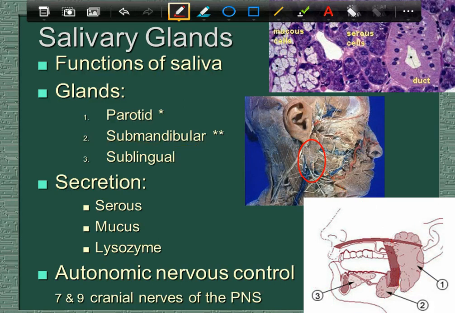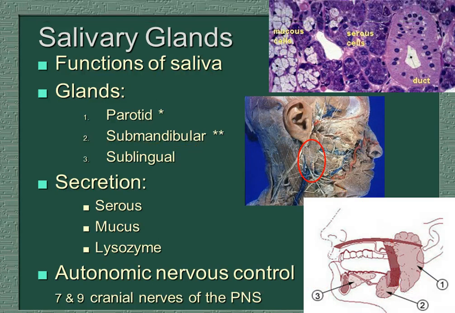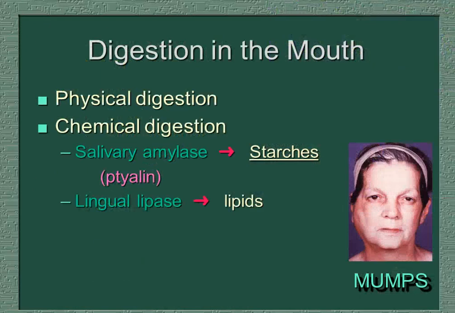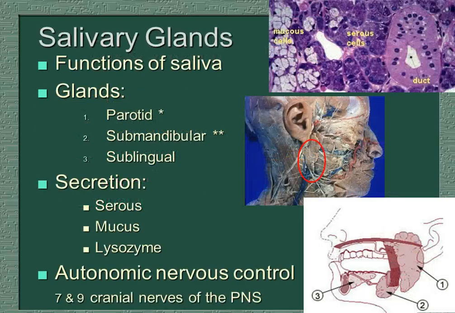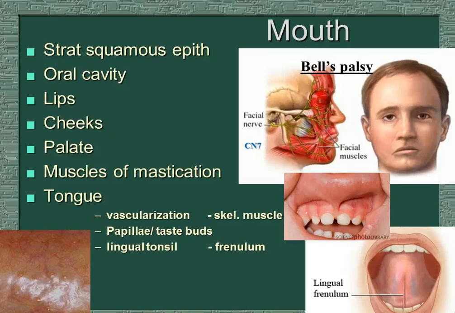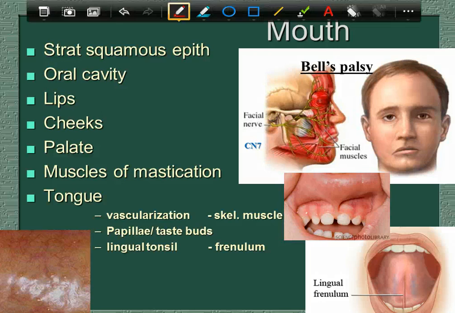Let me go back to, no, wrong way, over here. So the ducts on the sublingual, remember you're looking at the underside of the tongue, the ducts are all along here. You got multiple ducts for the sublingual glands, left side, right side. Now, the submandibular, you've got a duct over here, big one, and you got a duct over here.